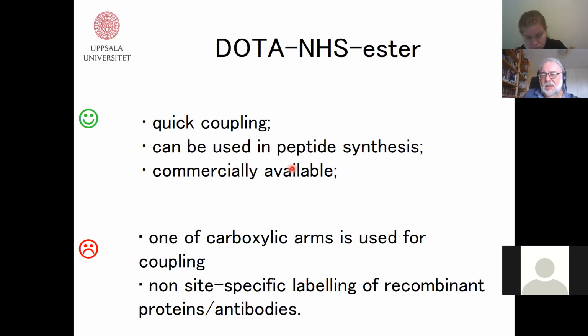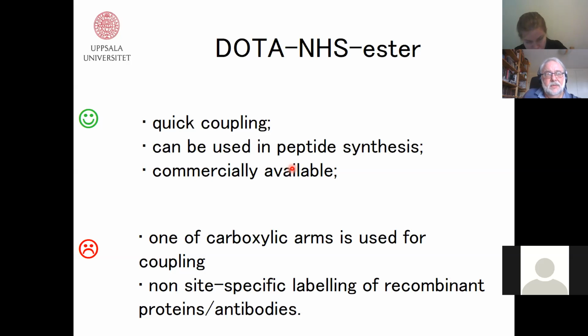A disadvantage of such a chelator is that one of the carboxylic arms is used for coupling. That means that while initially this DOTA is octadentate, after using one of the arms, it becomes heptadentate.